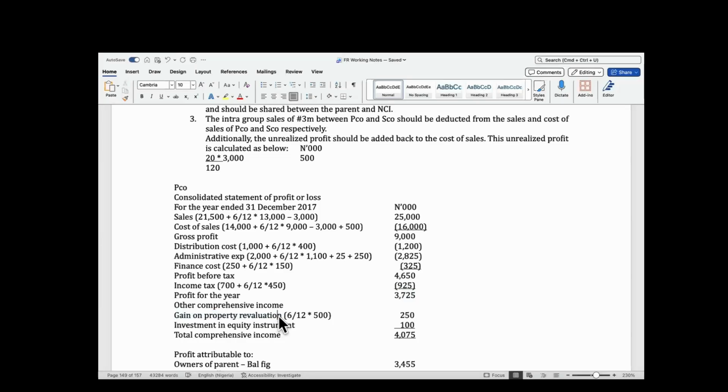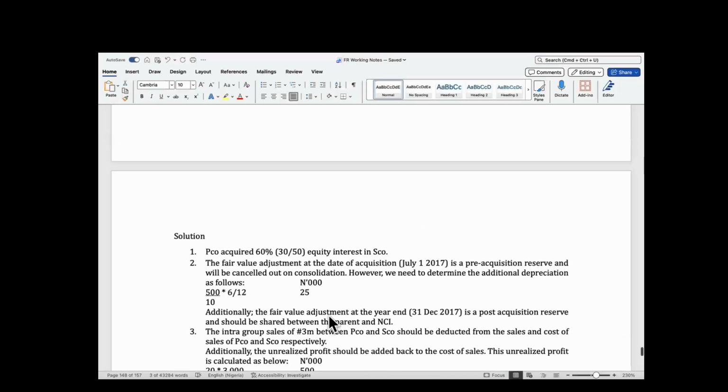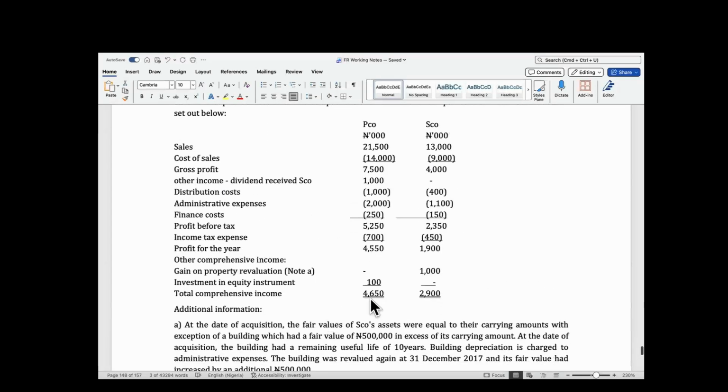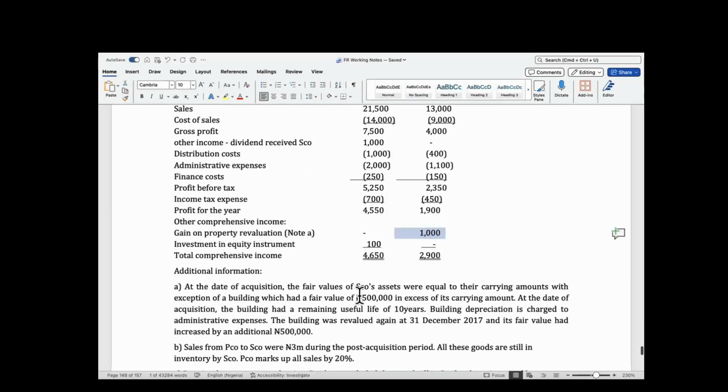So for the gain on property revaluation, I only take 6/12 of the 500. And which 500? Remember, the 1,000 here of this subsidiary, I told you that it comprises two revaluations, one done at the beginning of the year and another at the end of the year.